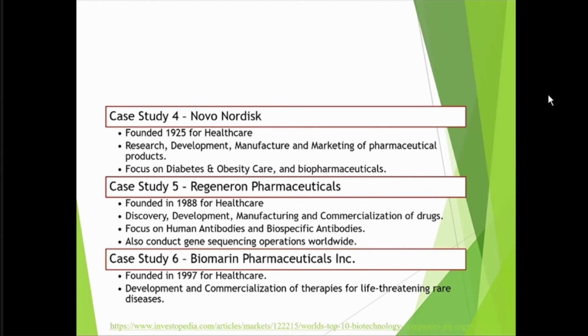Then Regeneron Pharmaceuticals, which is also in healthcare. They focus on discovery, development, manufacturing and commercialization. But they don't do the clinical trial. They contract another company to do the clinical trial for them because they are more specialized in discovery and development, which is in vitro and in vivo.